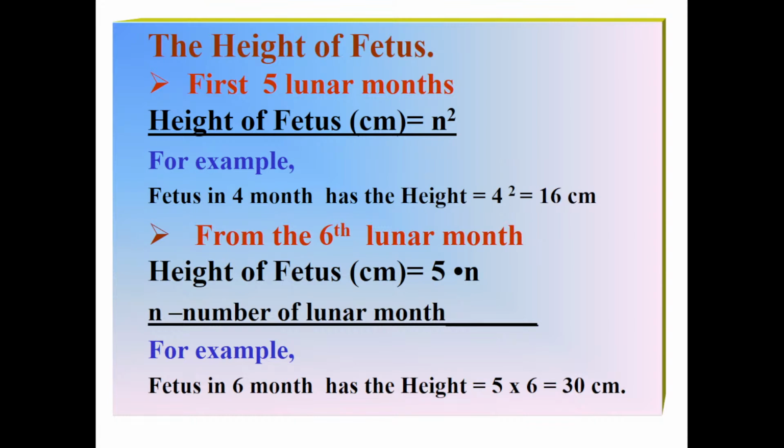For example, a fetus at 4 months has a height of 4 times 4, that is 16 centimeters. From the sixth lunar month, the height formula is another: 5 times n, where n is the number of lunar months. For example, a fetus at 6 months has height 5 times 6, nearly 30 centimeters.